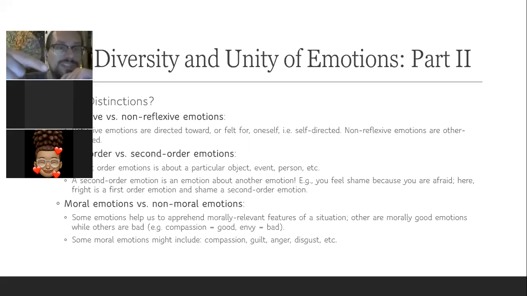But unless the jealousy's object is that fear, then the jealousy wouldn't be second order. It has to have another emotion as its object, right? So there can be complex emotions which might be built up out of simpler ones, but perhaps not all complex emotions are second order emotions, right?